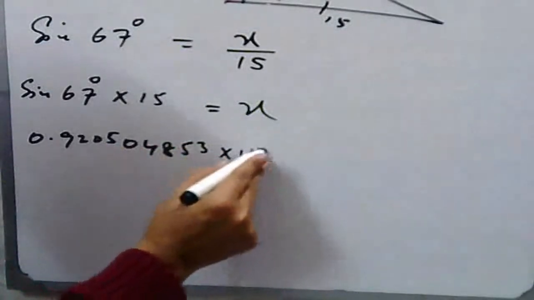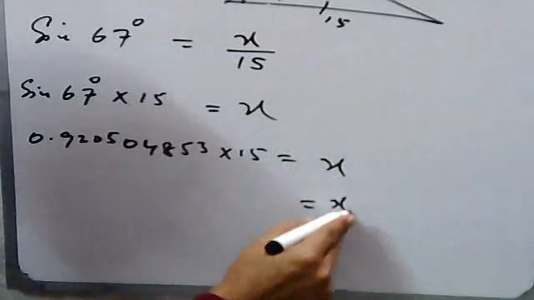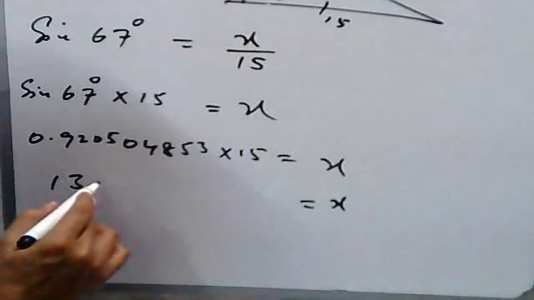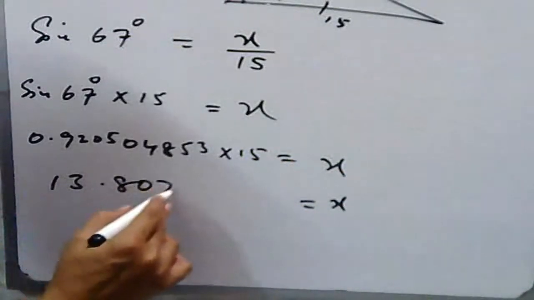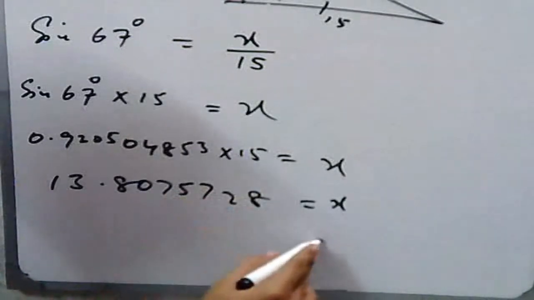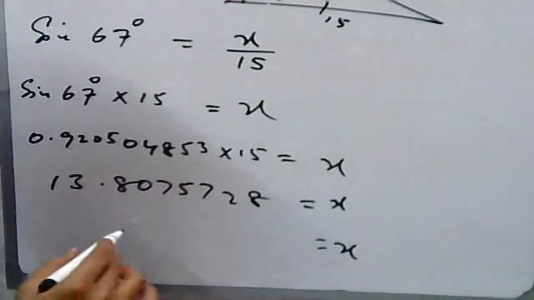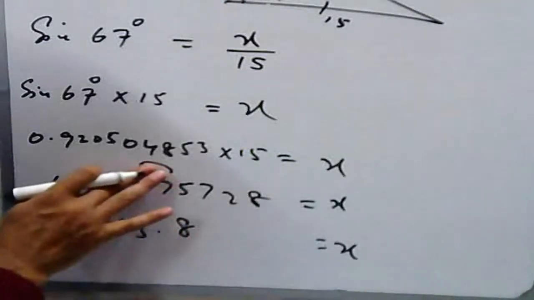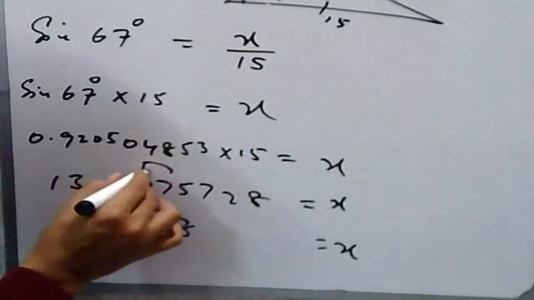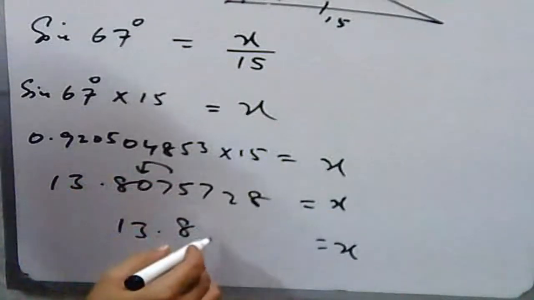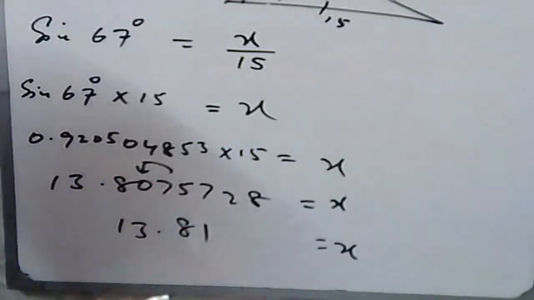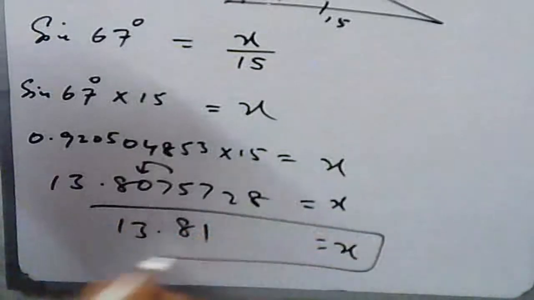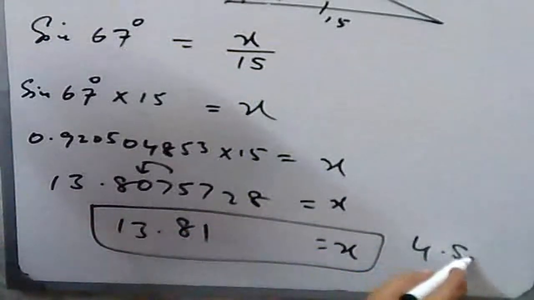So the value of x is 13.807578. So the value of x up to 4 SF is 13.80, and that is greater than 50%, so you have to add 1 here, so it will become 13.81. So that is your result up to 4 SF, that is 4 significant figures. So that is your result.